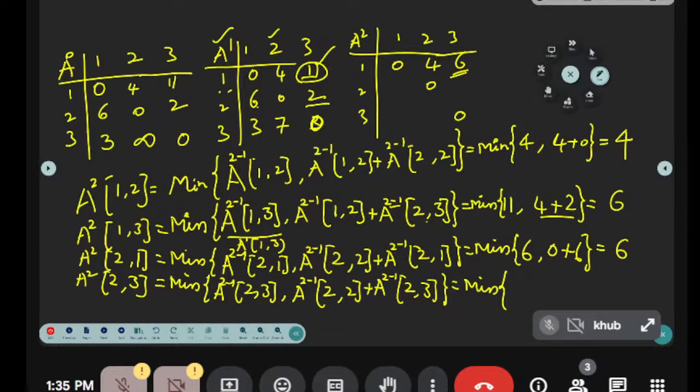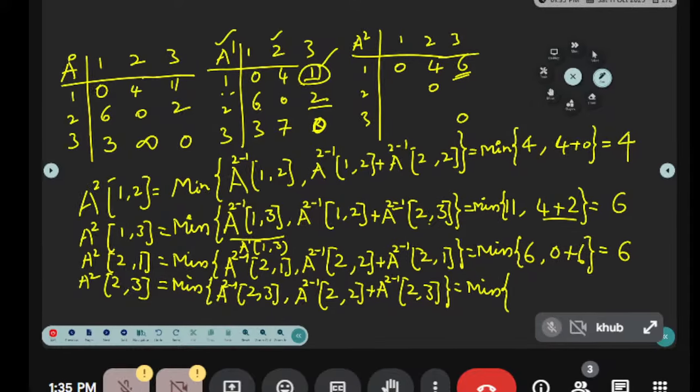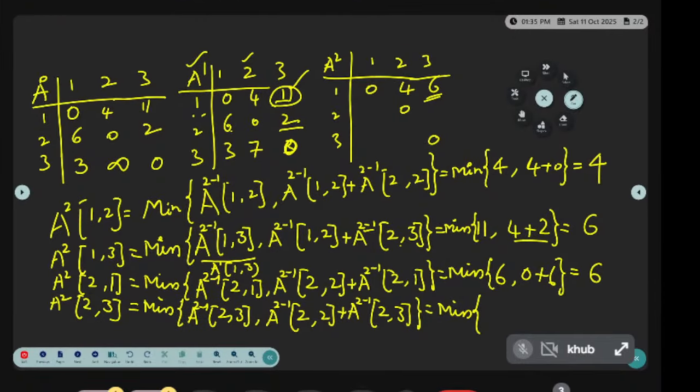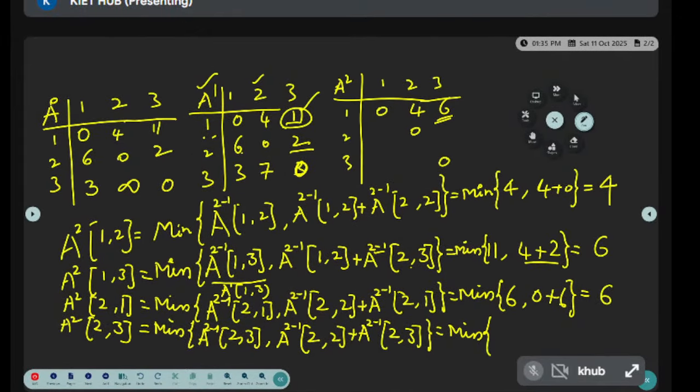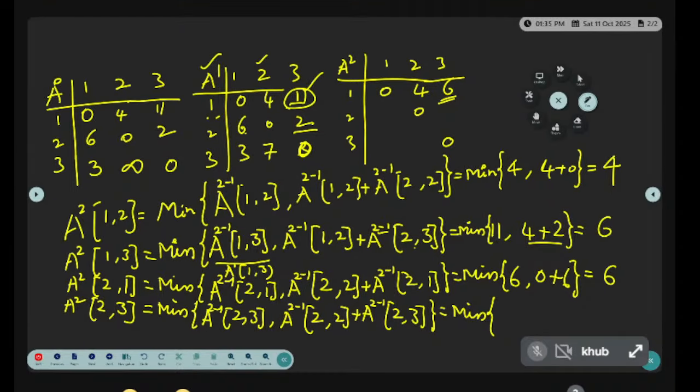Then what is there in the bracket? What are the two parameters? A power 1 of 2 comma 3, 2 comma 0 plus 2. So final value is 2. 2 comma 0 plus 2.